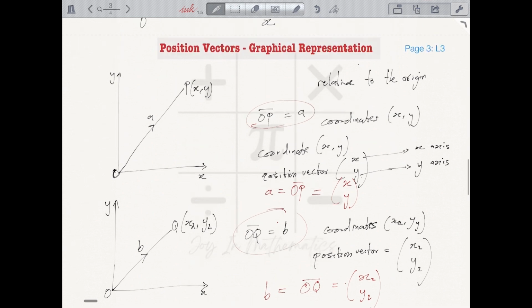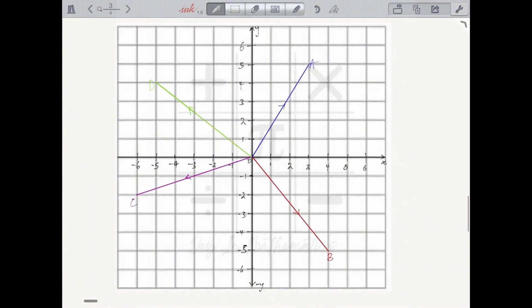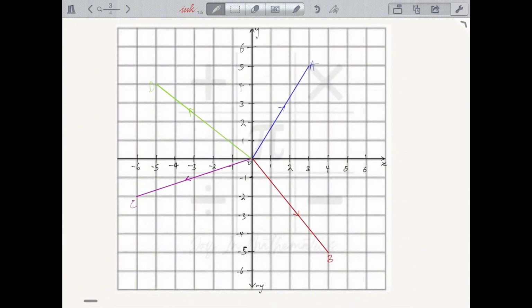Now with this understanding, we can move on to this graphical representation. We have three vectors, or let's say line segments, representing position vectors, because they are all from the origin. They are all relative to the origin.